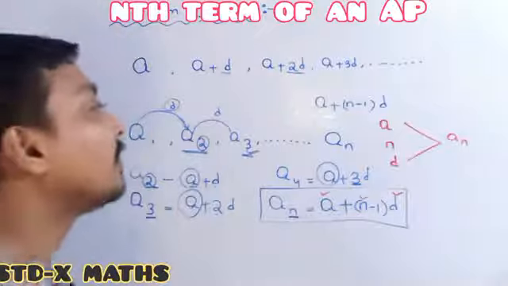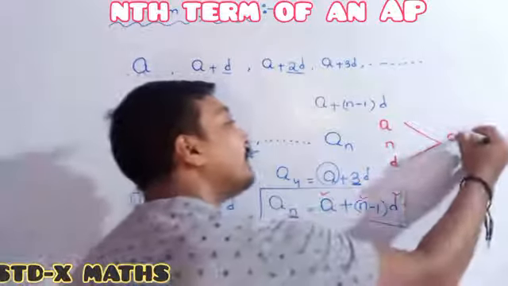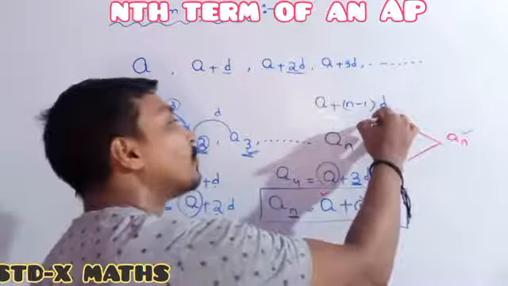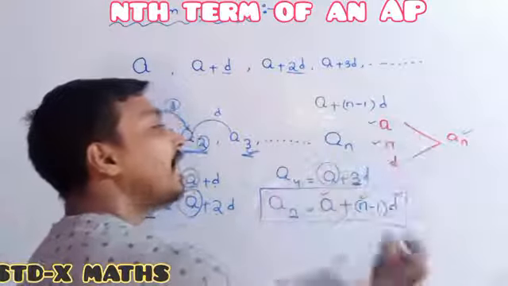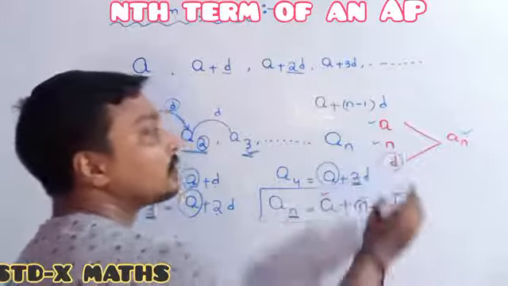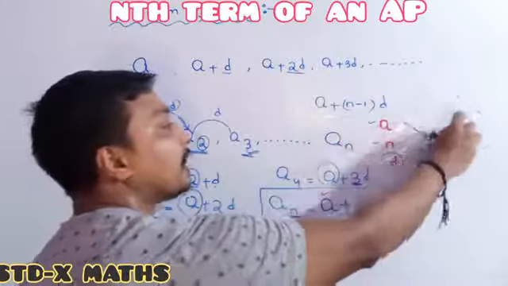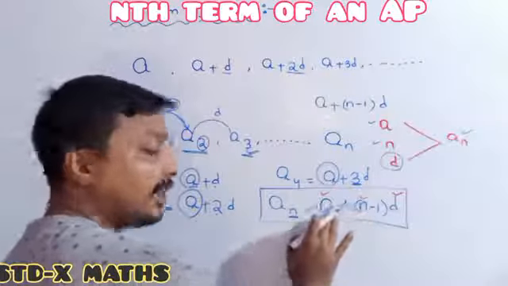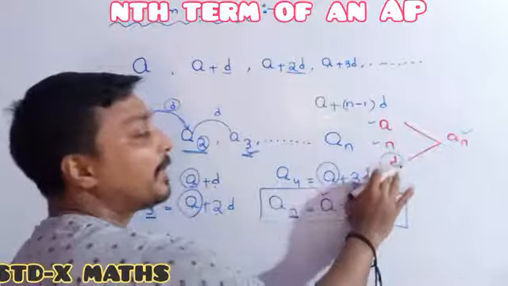Another thing you have to remember: whenever an is given, and suppose this one and this one are given, how do you find the remaining variable? On putting these three in the equation, you can easily find the value of d.